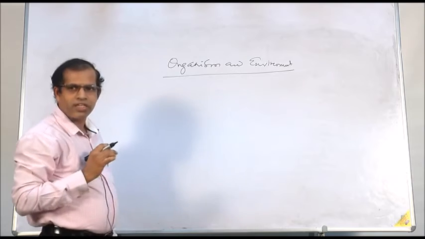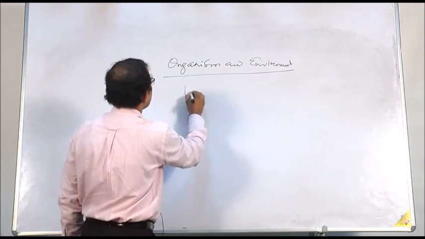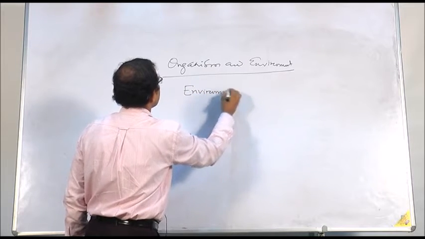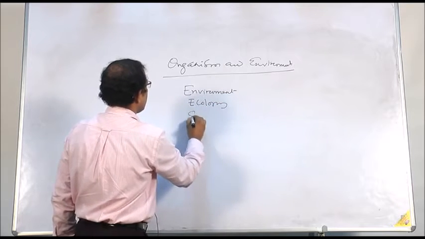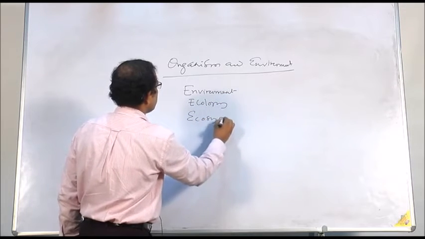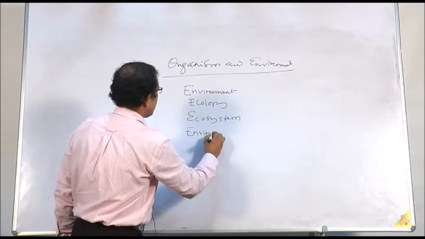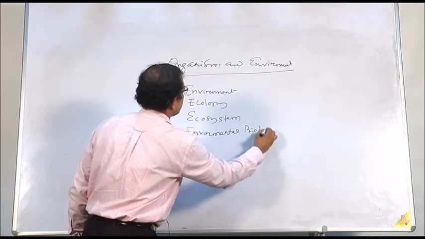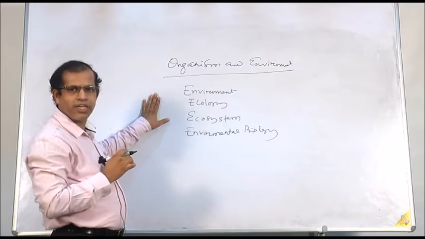In that part I will talk about terminology like environment, ecology, ecosystem, then environmental biology. So these are the terminologies which need to be understood.